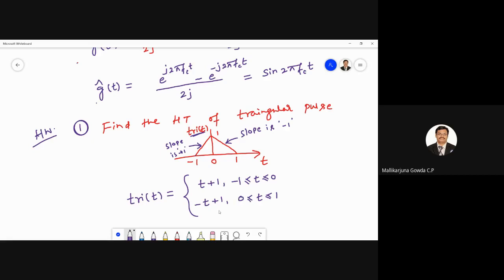Otherwise it is 0. So this is how we can represent this triangular pulse. Just use your basics of maths and you will be able to find out.